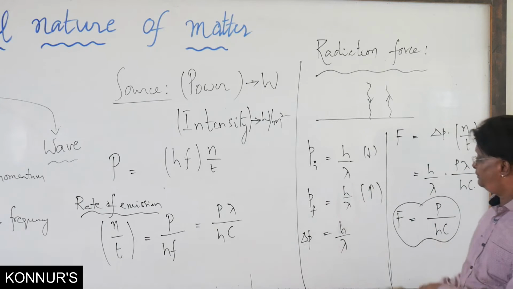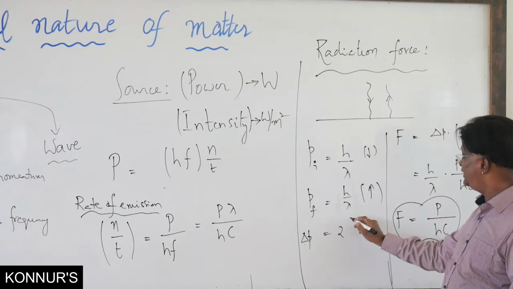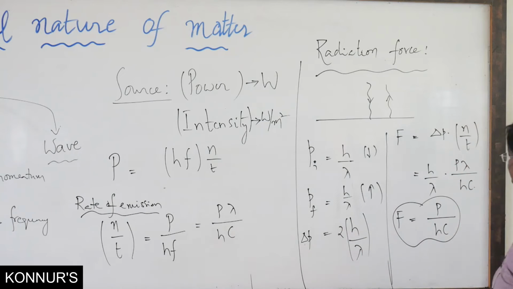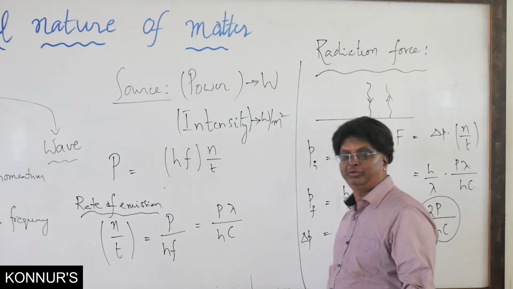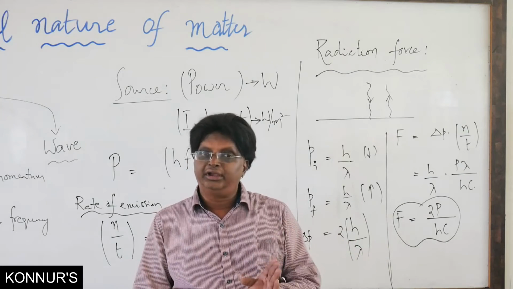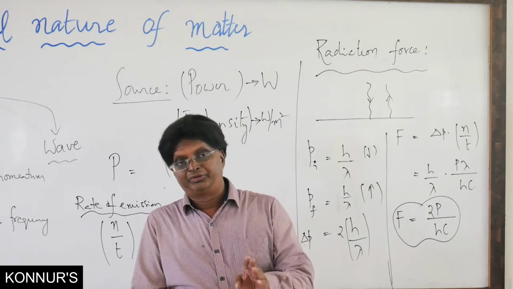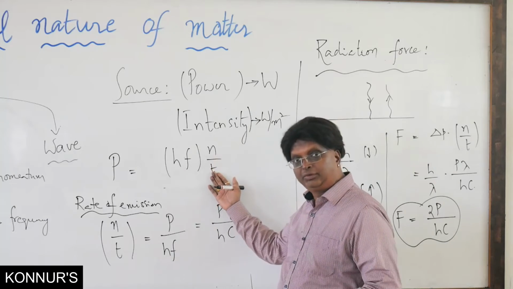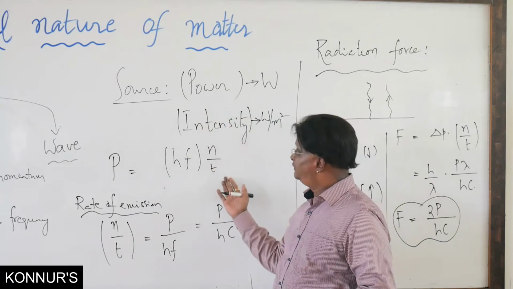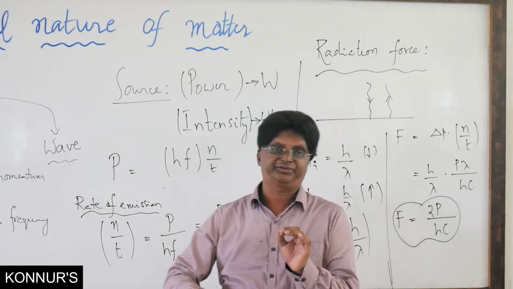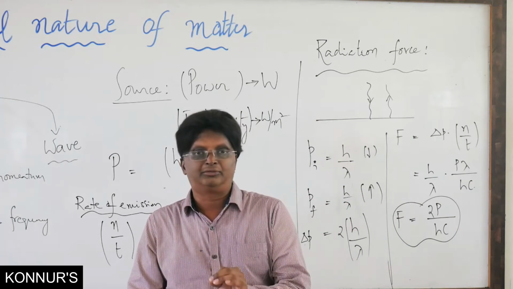Therefore delta P becomes 2 times h by lambda, and the only change we observe is 2P by hc. Keywords are power of the source, rate of emission, wavelengths, and momentum. A practice of just 5 minutes will give you a good number of solutions.